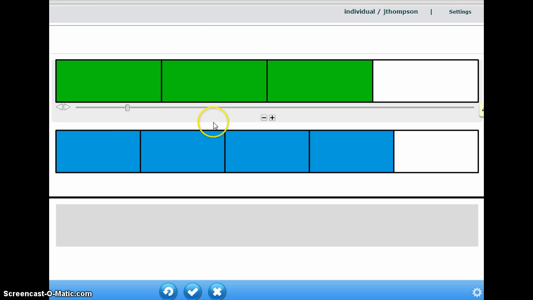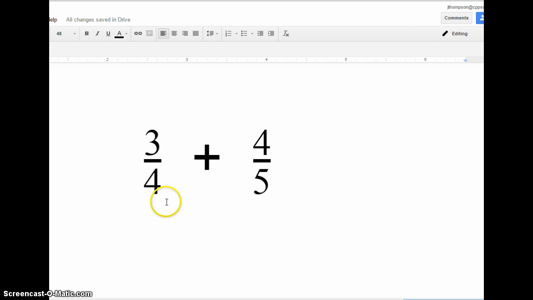So, I know I need common denominators. Now one way I can always get common denominators is by multiplying the two denominators together. So 5 times 4, that gives me 20. I can make my 3/4 an equivalent fraction out of 20.